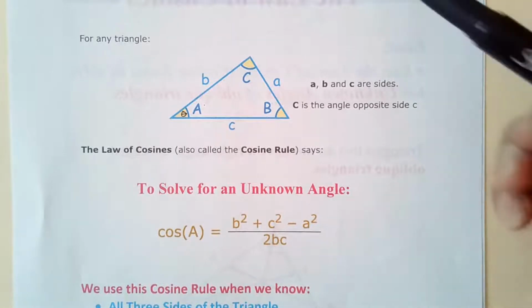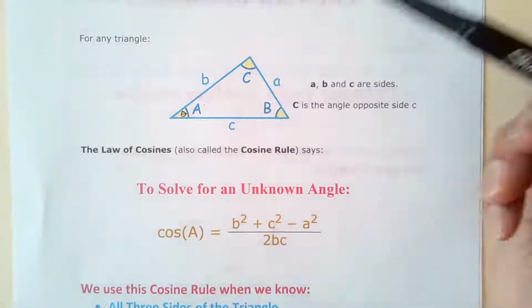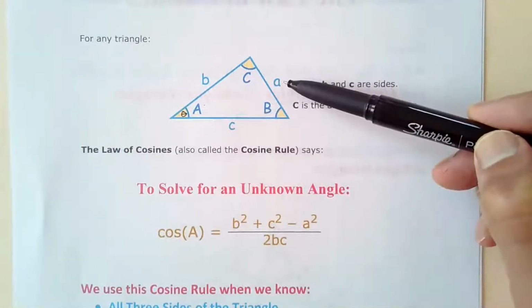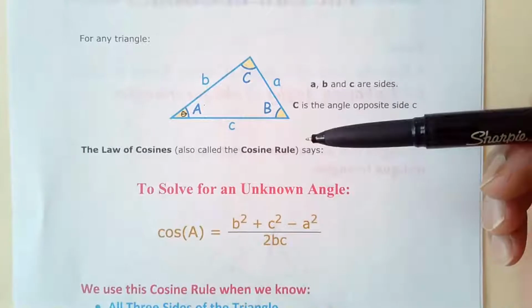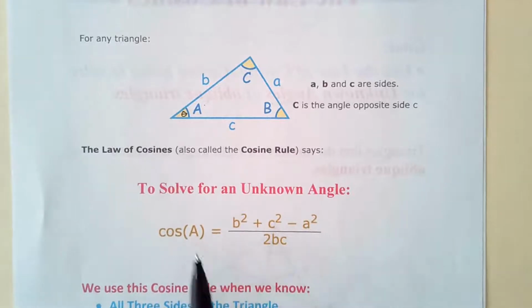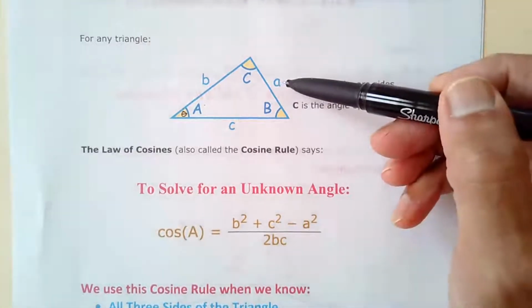Just to recap, whenever we're labeling a triangle, the side opposite the angle is in lowercase. Since we're finding cos of A, we want our unknown side to be a.